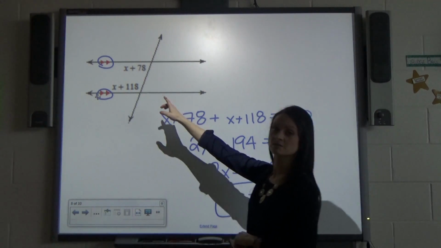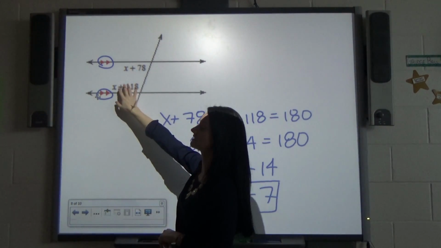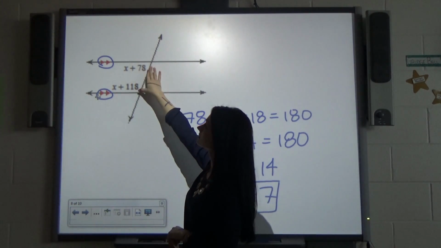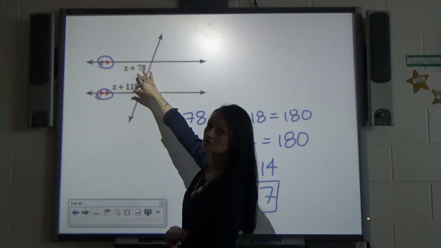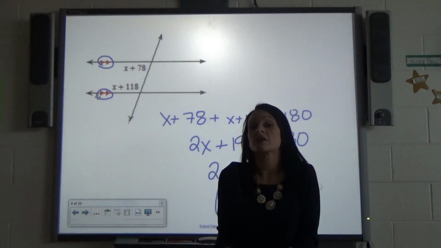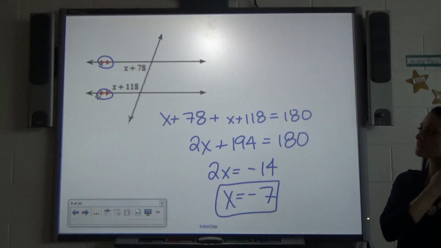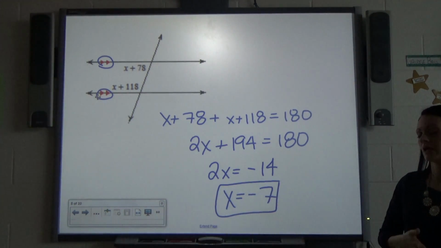When I substitute x back into these 2 statements, these 2 pieces of my angles, I'm going to be able to figure out what the angle actually is, but x isn't the angle itself. So I'm okay with x being negative. I'm not okay with an actual angle measurement being negative.